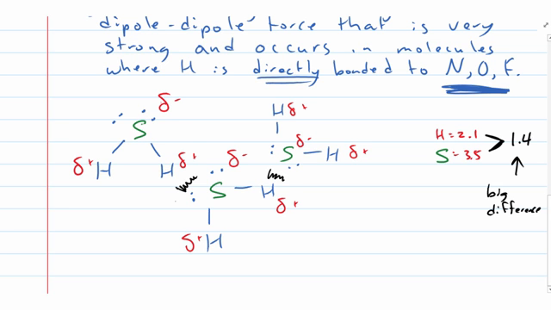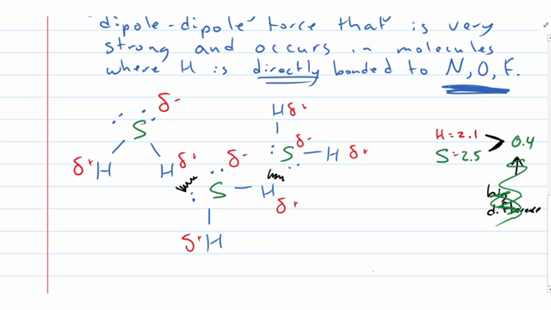They're still going to have attractions for each other. These attractions will exist, but instead of having a difference of 1.4 in electronegativity, the difference here is only going to be 0.4. That 0.4 is no longer a very big difference. It's a very small difference. They are going to have some attraction for each other, but that attraction is not going to be very strong.